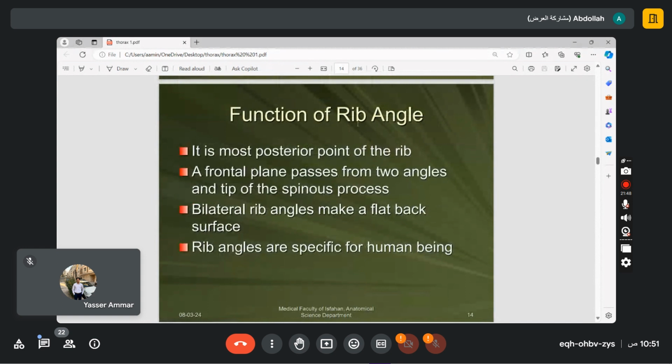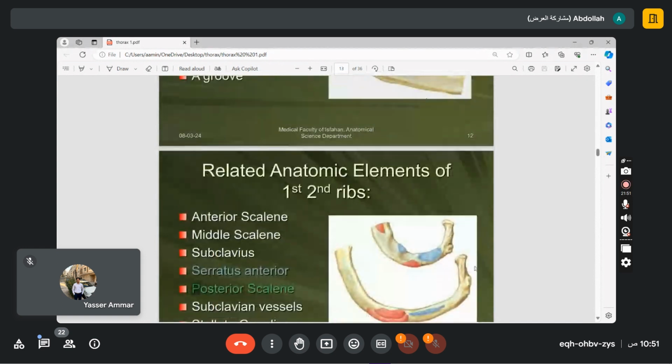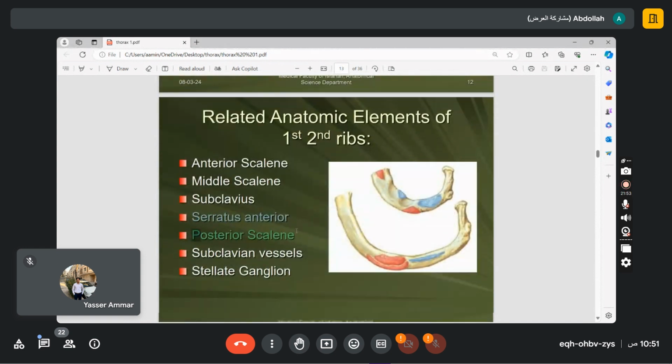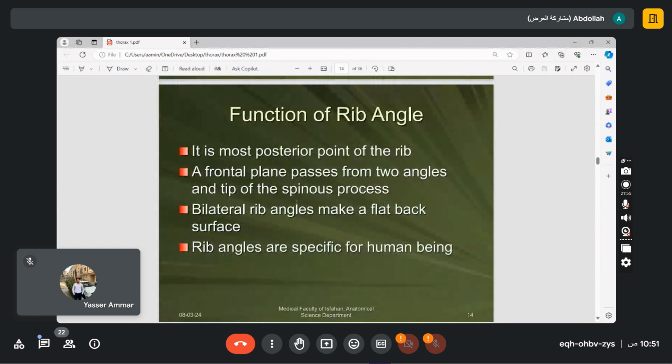Okay, function of the rib angle. Here is the angle. What's the function of the angle? Do you know it is the most posterior point of the rib? A frontal plane passes through the rib angle and the tip of the spinous process. Bilateral rib angles make a flat back surface. Rib angles are specific to human beings. Please keep in mind for the final exam.